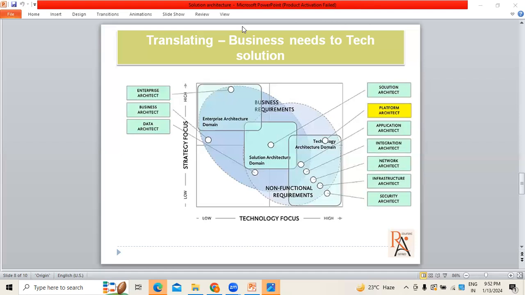But if you want to transform this into the technical solution perspective, generally two things come into the picture, as I told you earlier. One is the business requirements, followed by the non-functional requirements.